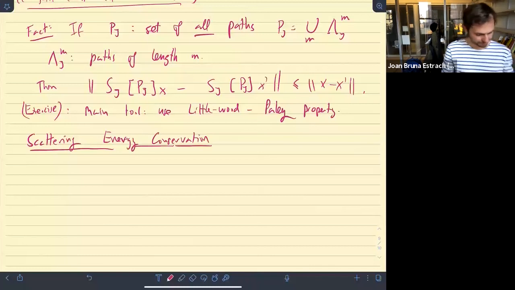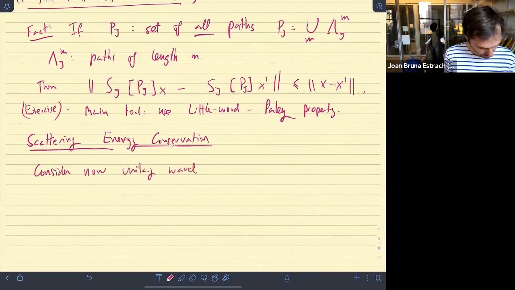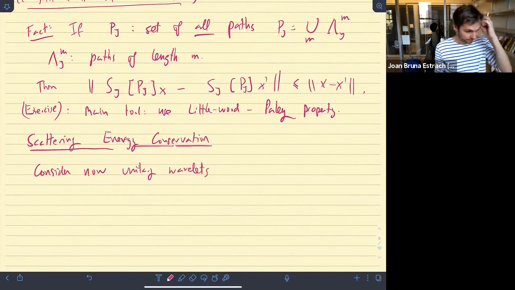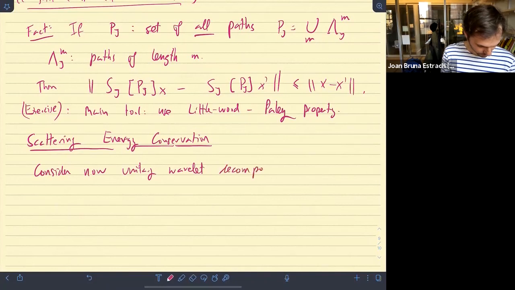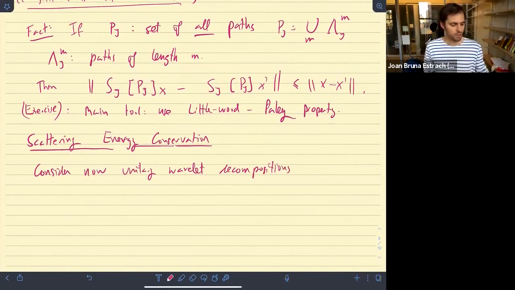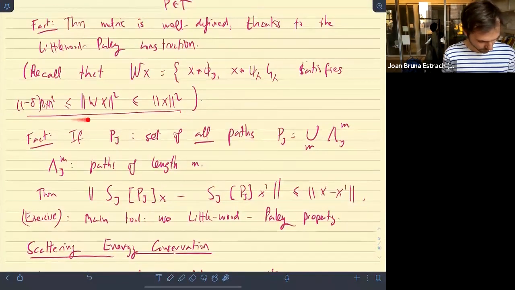So consider now unitary wavelet decompositions. What does it mean, a unitary wavelet decomposition? It means that in this formula here, the case where delta equals 0.